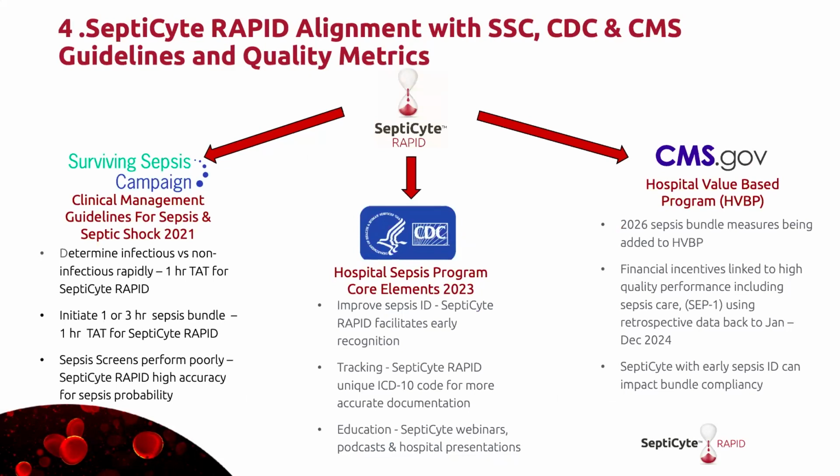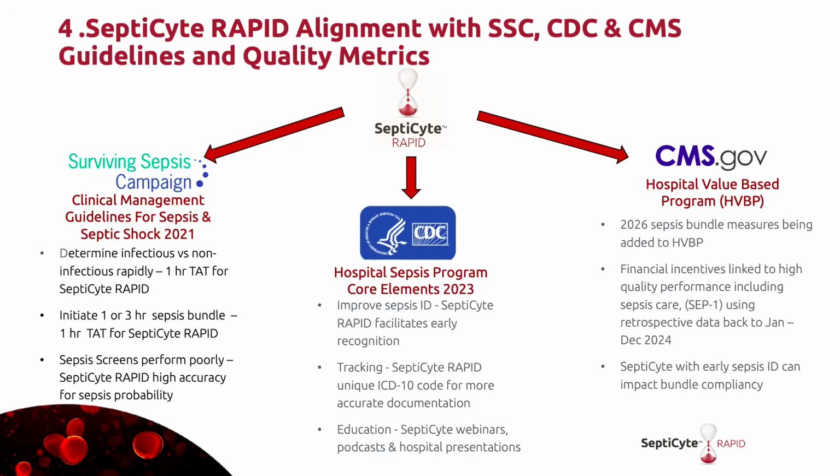Next slide, please. As you know, Surviving Sepsis Campaign has, over the last 10 years, published management guidelines on an intermittent basis with regards to determining the management of sepsis and severe sepsis and septic shock.